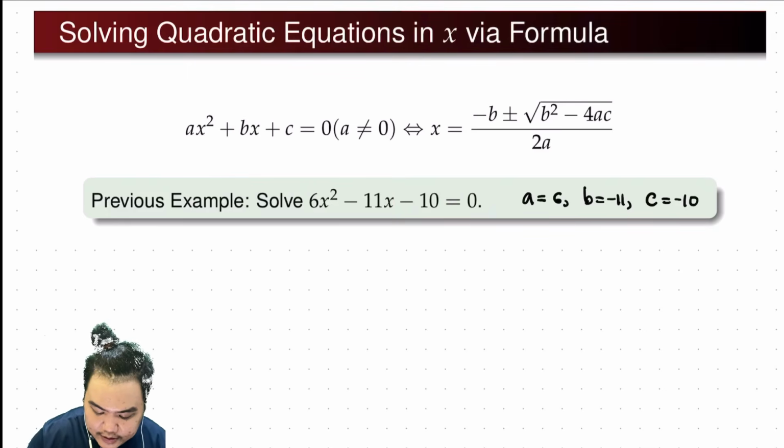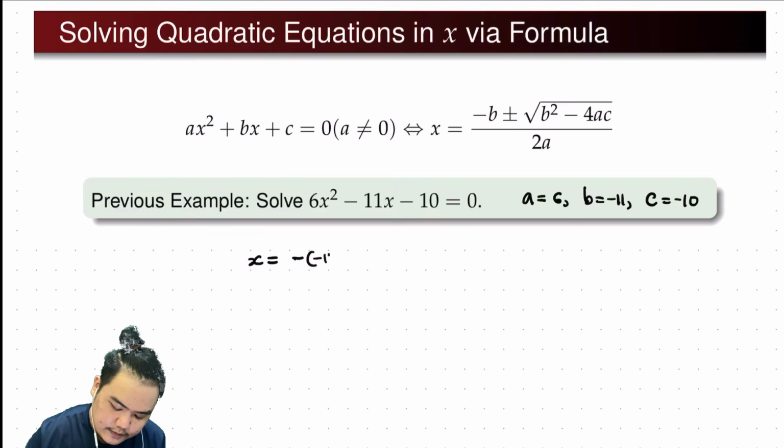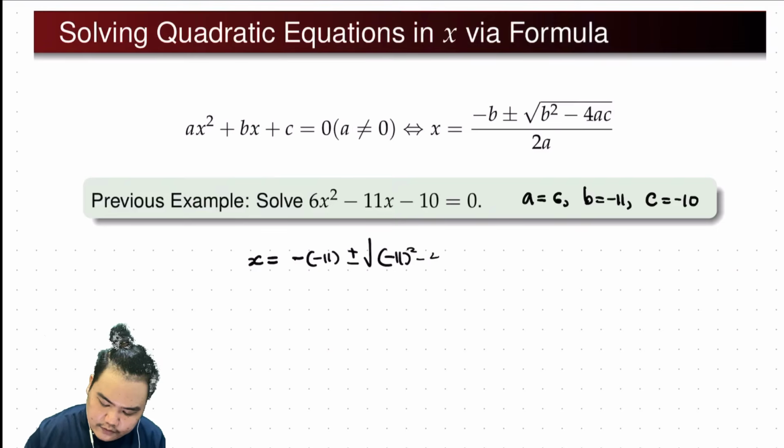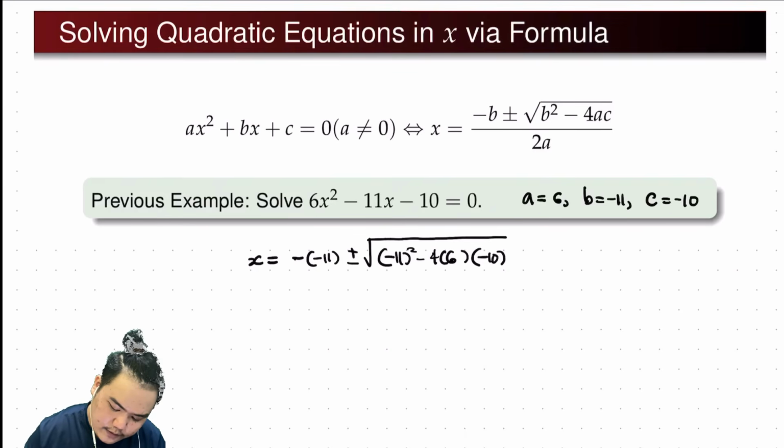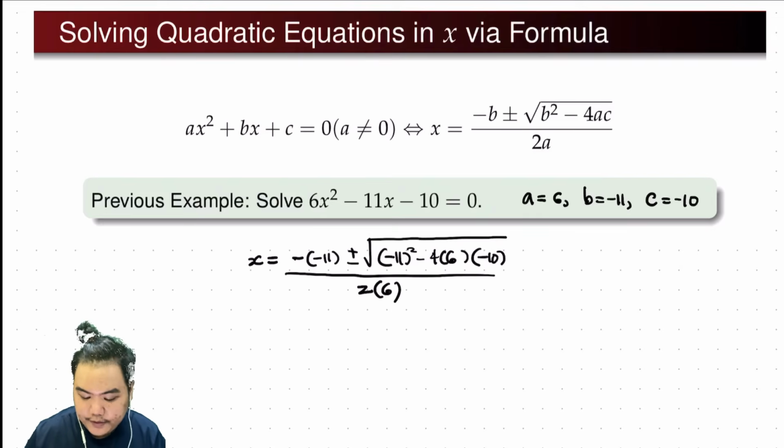Okay, so by the quadratic formula, x is equal to negative b plus minus square root of b squared minus 4ac all over 2a. Yan ay sagot. Simplify na lang natin.